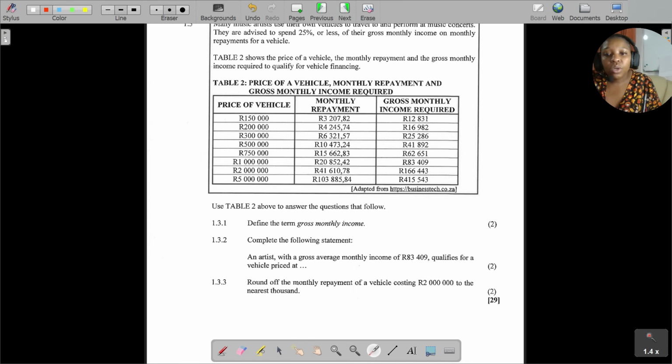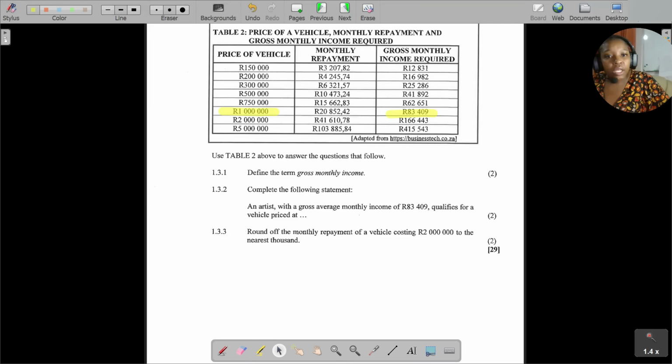All that we need to do, we want to go to the table, we want to find where there is a gross monthly income of 83,409 and see what is the price of the vehicle that person qualifies for. Okay, so then we can see that if you're earning that income, you qualify for a vehicle priced at 1 million. Okay, done.